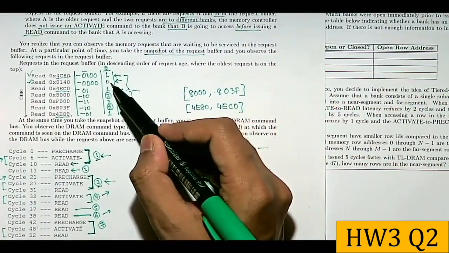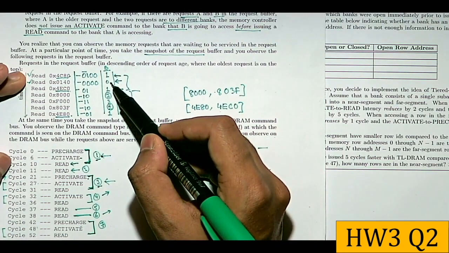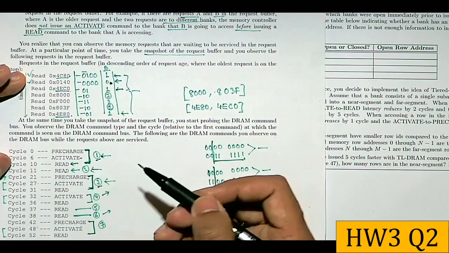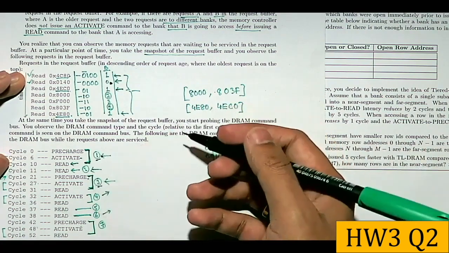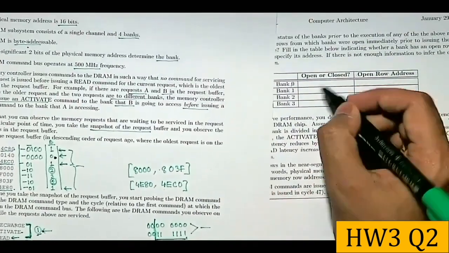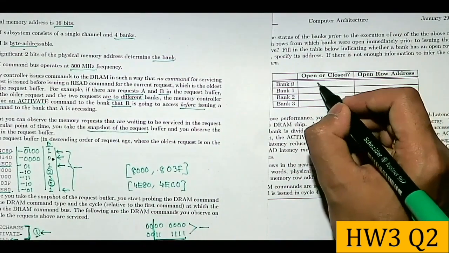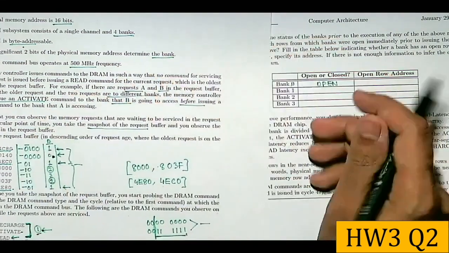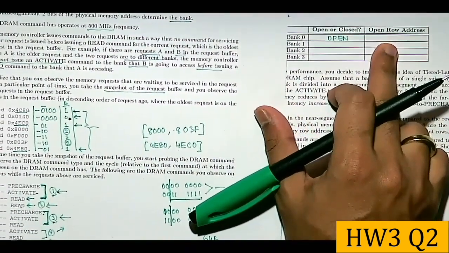This is the one which went to bank 0, the second access. The second access command sequence is just a read. That indicates there is an already open row on the same bank, right? So the first question, open or closed: it's definitely open. That's why you actually hit that row. Now, which row address is open?